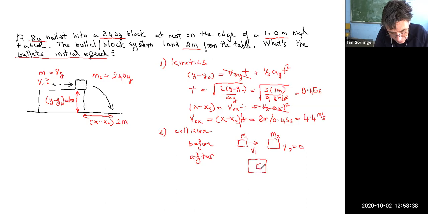I'm drawing the bullet inside the block now. So here the mass is M1 plus M2. And this velocity, the final velocity after the collision, is actually the result from the first part, the kinematics part of the problem. So that we just found to be 4.4 meters per second.